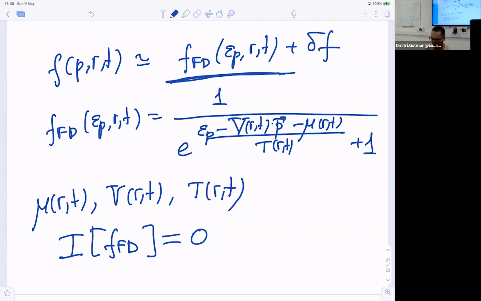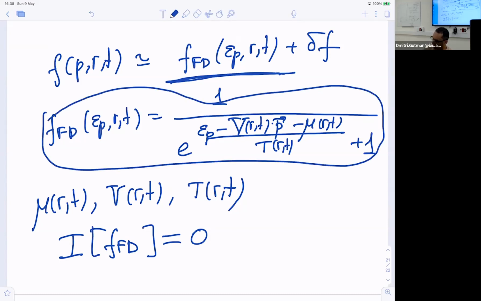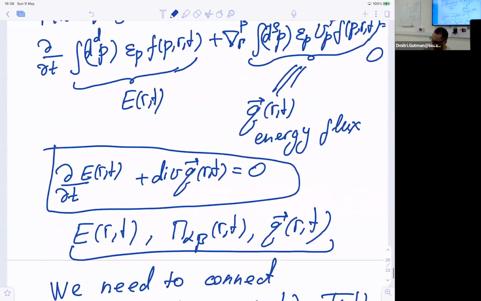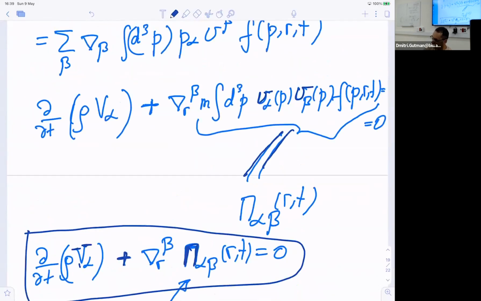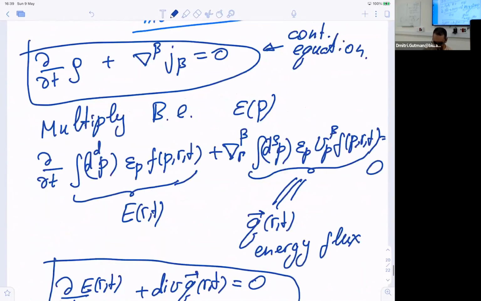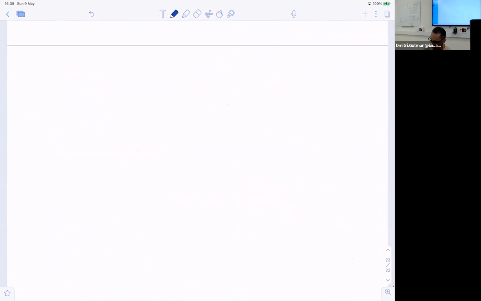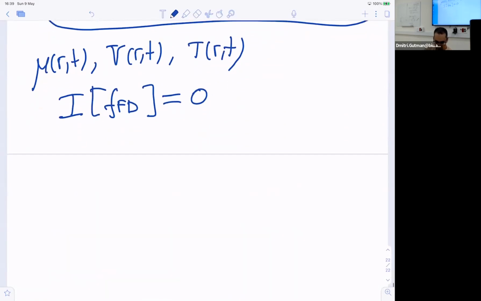And let us now substitute this ansatz into the equations we derived above, say for the momentum flux, and density, and so on, and see what it gives. Now we will have an explicit equation written in these terms. So let us see what it says.